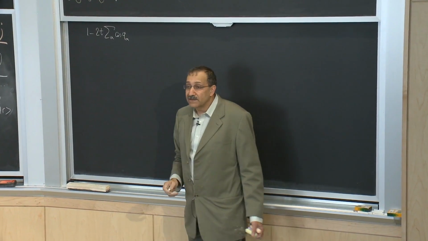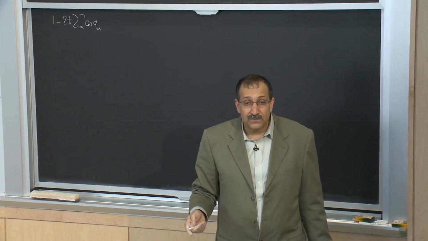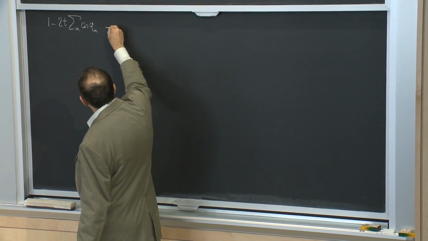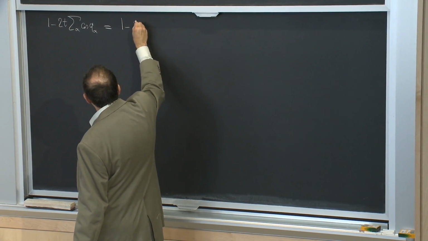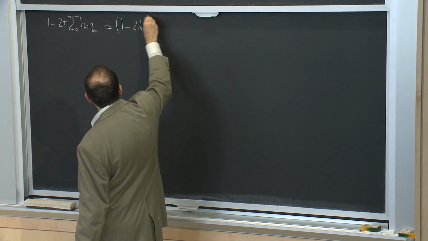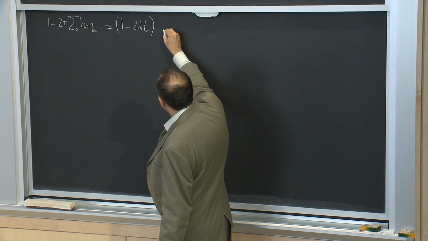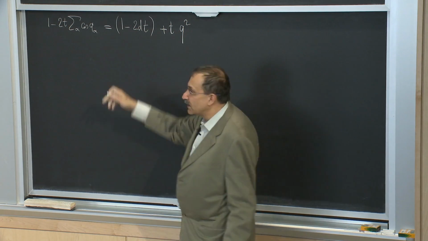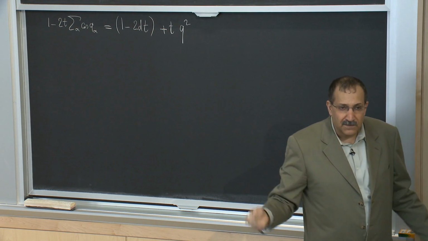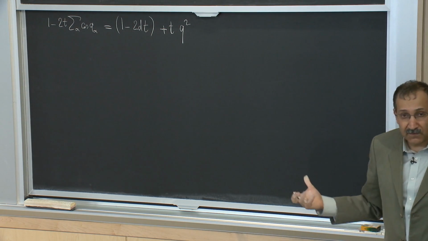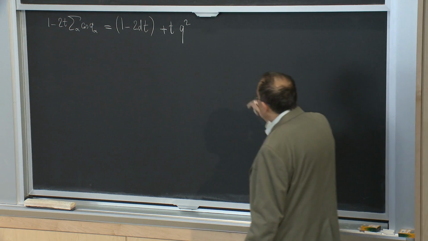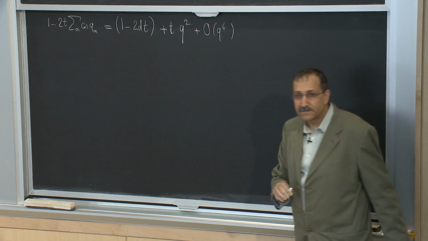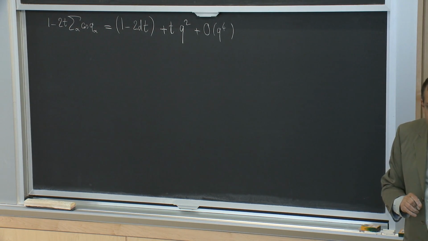Each cosine I can start expanding around its q going to 0 as 1 minus q squared over 2. So you can see that this is going to be 1 minus 2dt. And then I would have plus t q squared, because I will have q1 squared plus q2 squared plus qd. So this q squared is the sum of all the q's. And then I will have higher order terms, order of q to the fourth and so forth. Okay?